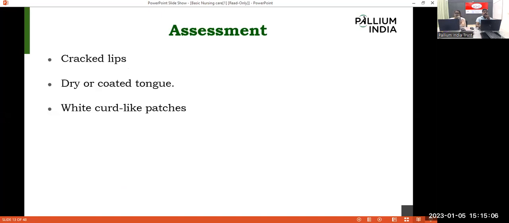Then, as with every symptom, here also some assessment we need to do. First one, already we discussed, any cracked lips we are noticing or not. If anything is happening we need to do the management. Then a dried or coated tongue we are noticing or not, we need to assess.